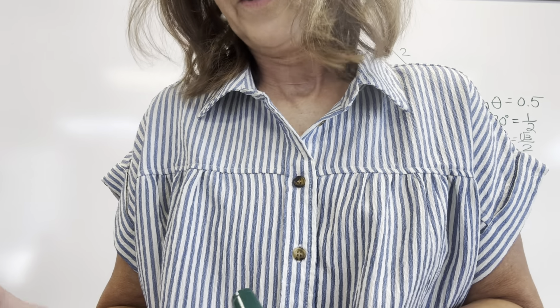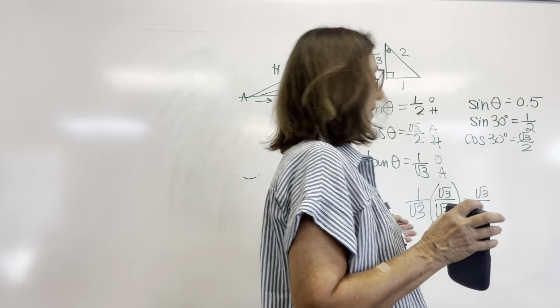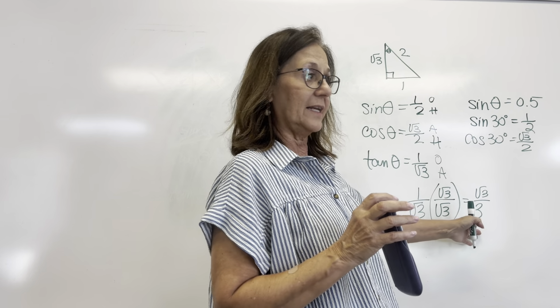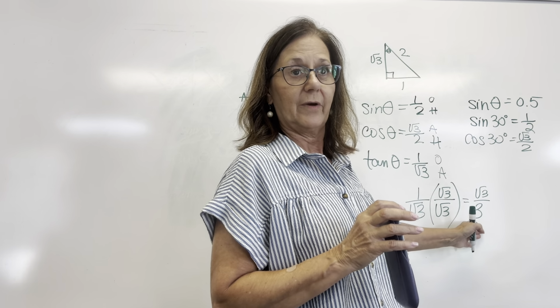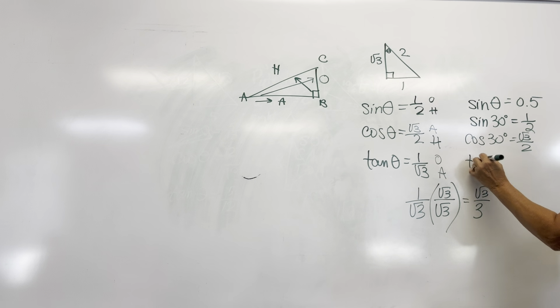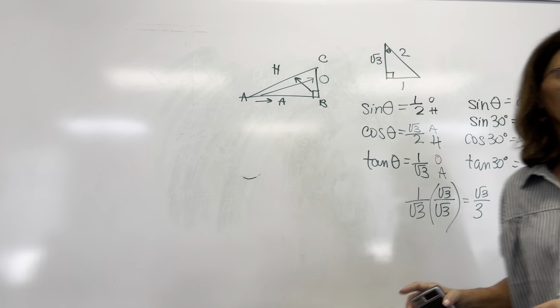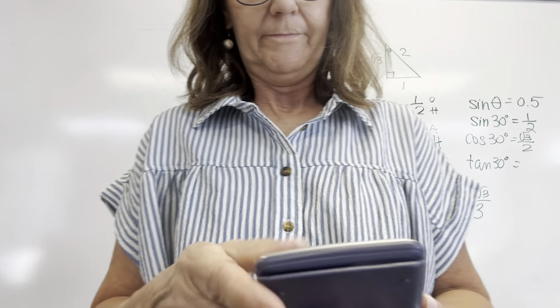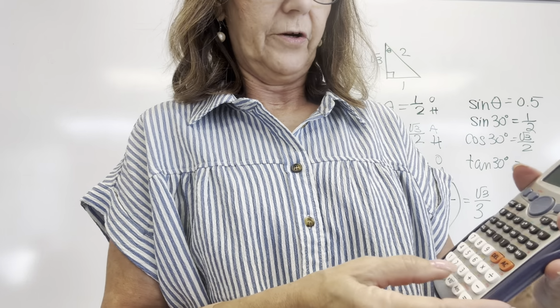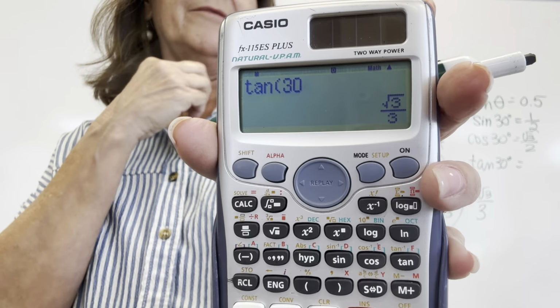Yes, so you get square root of 3 over 3, right? Your calculator will rationalize it for you. So 1 over square root of 3 is the same exact number as square root of 3 over 3. It is a rationalized denominator. All right, so if we do the tan of 30 degrees in your calculator, you're going to get square root of 3 over 3, right?